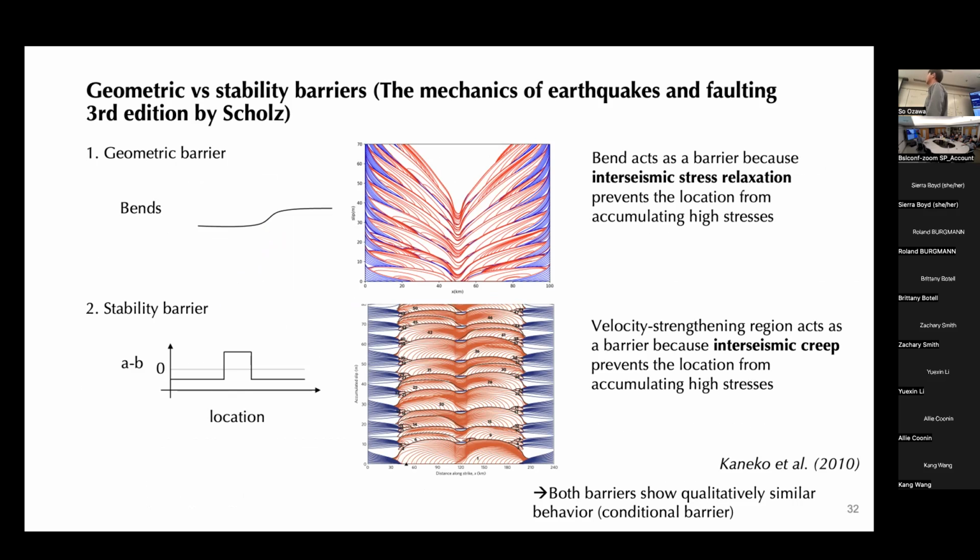In our geometric barrier model, the fault bend acts as a barrier because interseismic stress is relaxed by the relaxation term, which prevents the bend location from accumulating high stress, which is why we have partial rupture. In the stability barrier, the velocity strengthening region acts as a barrier because interseismic creep on this segment prevents the location from accumulating high stress. So the mechanism is different, but the effect can be quite similar between these two conceptually different types of barriers.